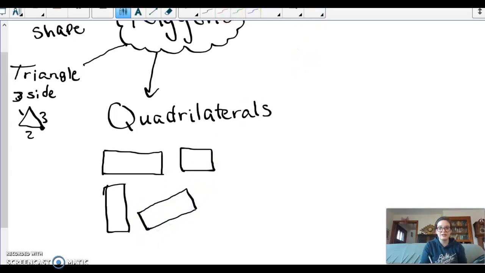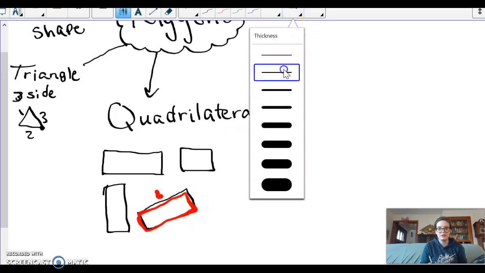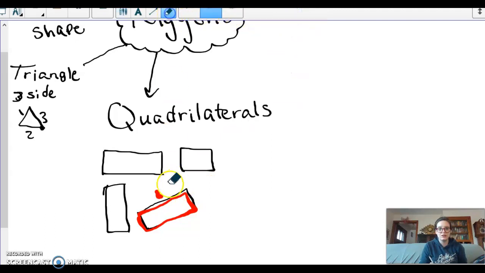What matters is that I have 1, 2, 3, 4. I'm going to switch my pen size. Sorry about that. Matters that I have 4 sides. 1, 2, 3, and 4.